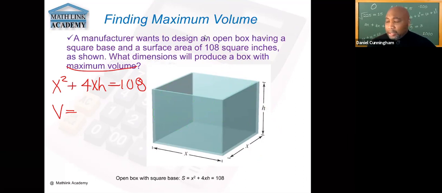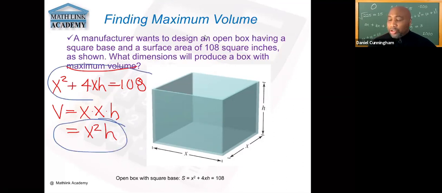It'll be x times x times h, or another way of saying it, x squared times h. So here are our 2 equations, our volume and our surface area. Since we are running out of room on this slide, we're going to go to our whiteboard and do the rest of the work.